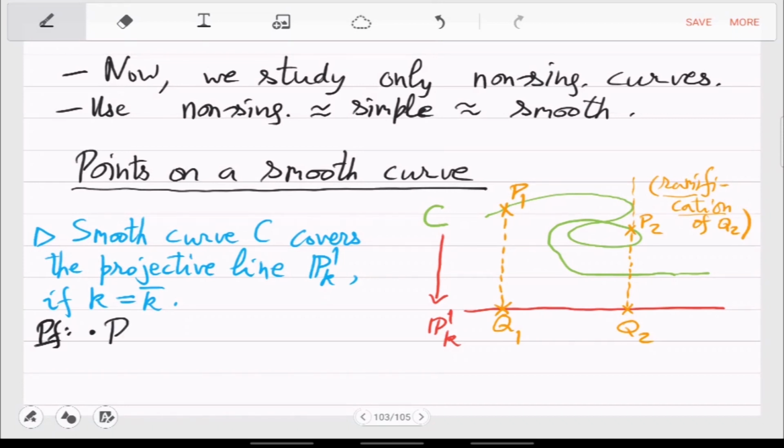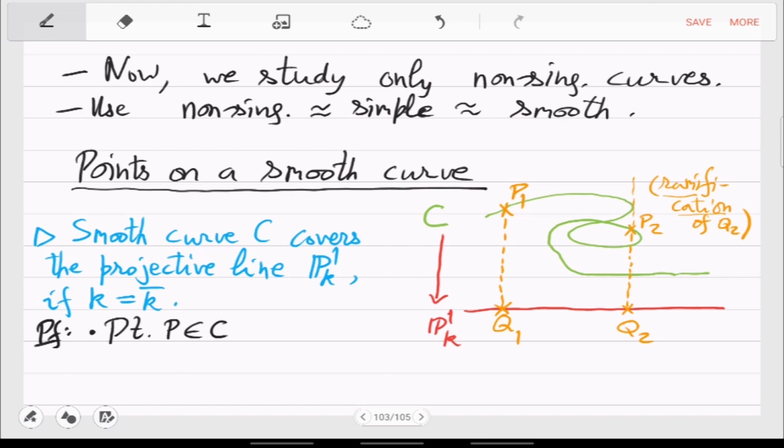So any point P that you take on the curve, how do you show that it corresponds, I mean, what is the point you should associate to on the projective line? So formally what you should do is, since P is a smooth point, you look at its DVR and look at the uniformizer, and the solution of that is the point on the projective line that this should correspond to.